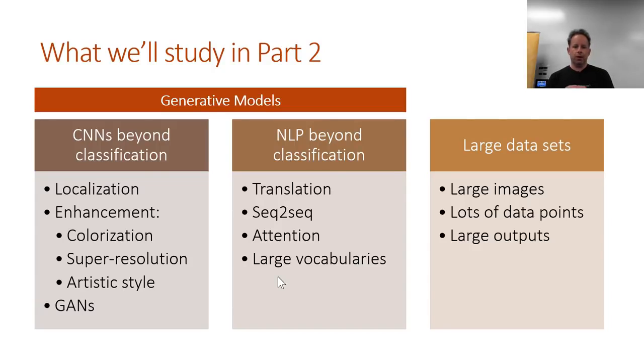So the overarching theme of part 2 I've described as generative models. But unfortunately, Rachel asked me this afternoon exactly what I meant by generative models, and I realized I don't really know. So what I really mean is that in part 1, the output of our neural networks was generally like a number or a category.